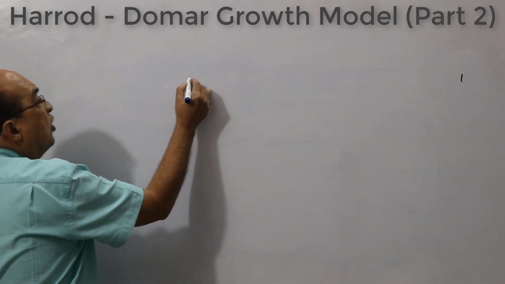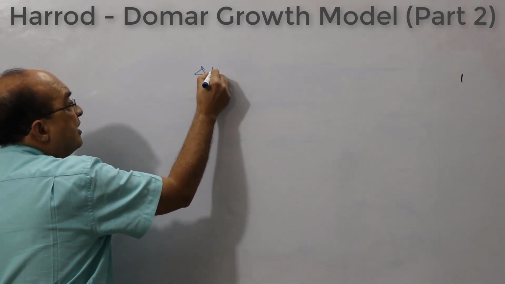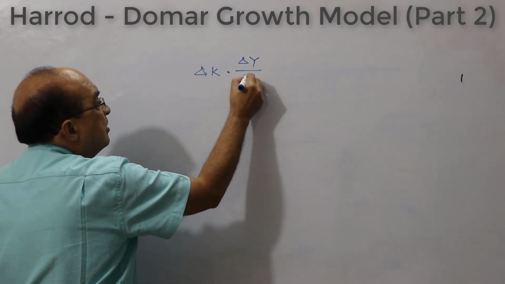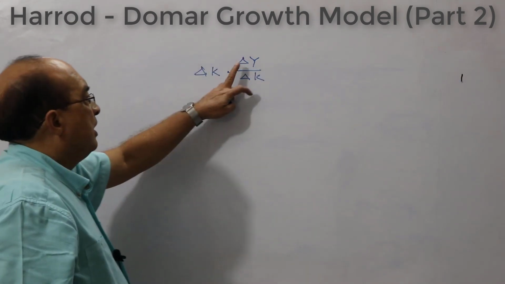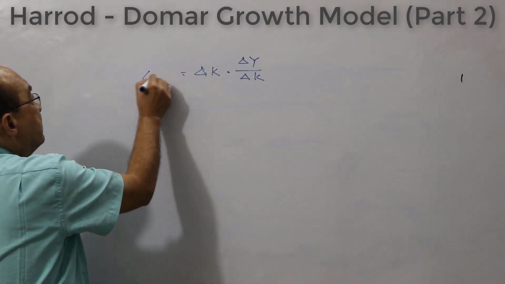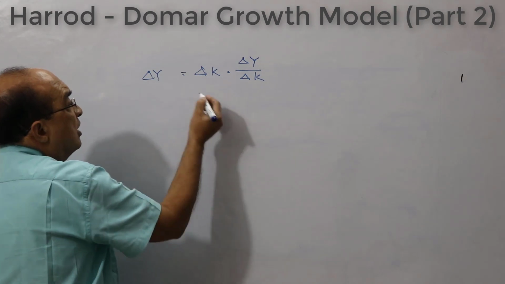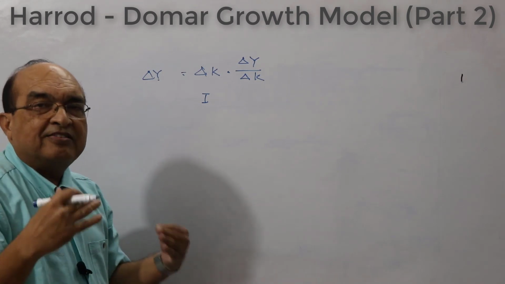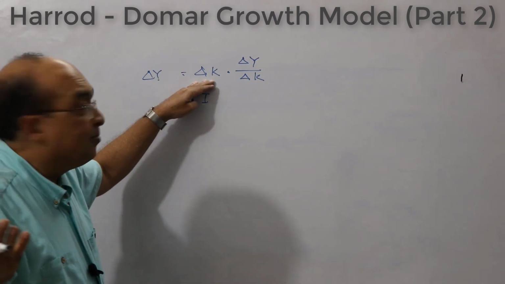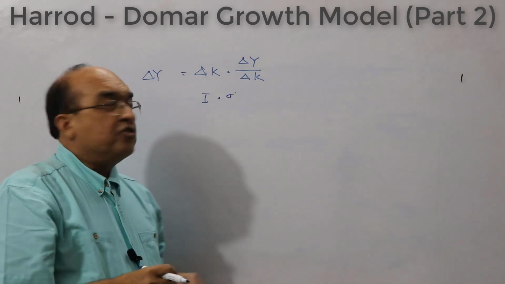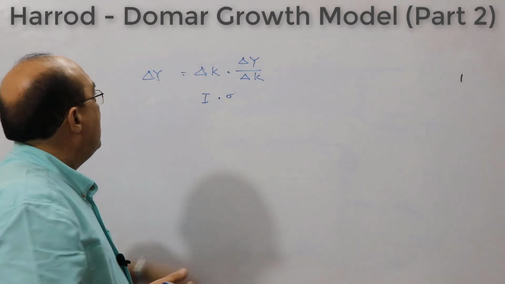I have erased that, though I should not have done that, but it was delta Y upon delta K, that is the incremental or marginal capital output ratio, multiplied by delta K. To this we can write simply I, just in order to make things less complex, because change in capital stock is nothing but the investment, and this we are writing simply as sigma. So sigma represents the marginal capital output ratio.